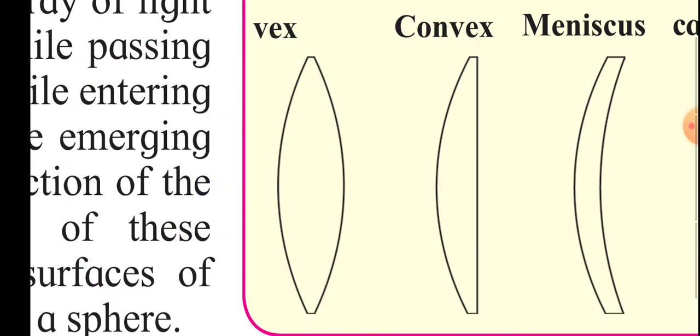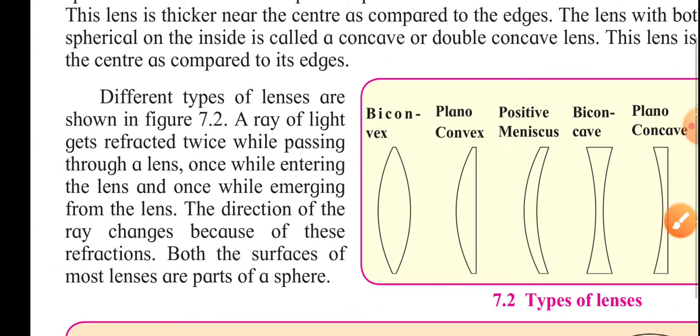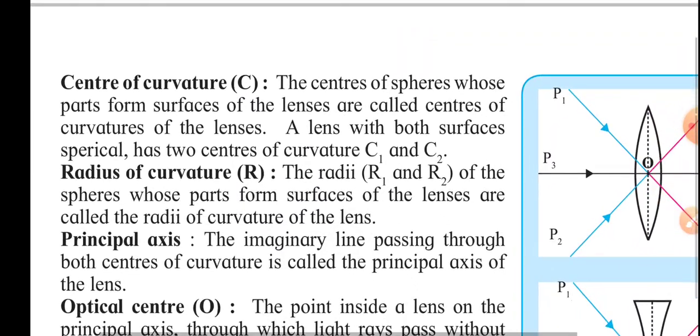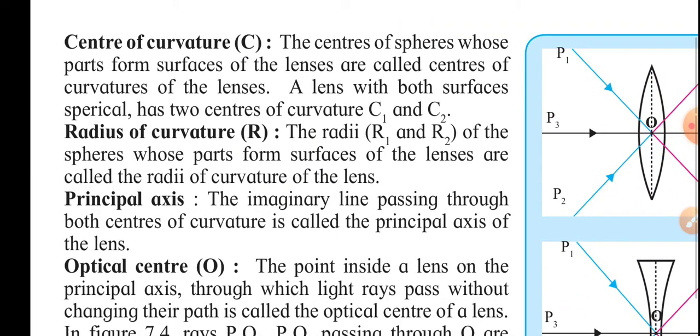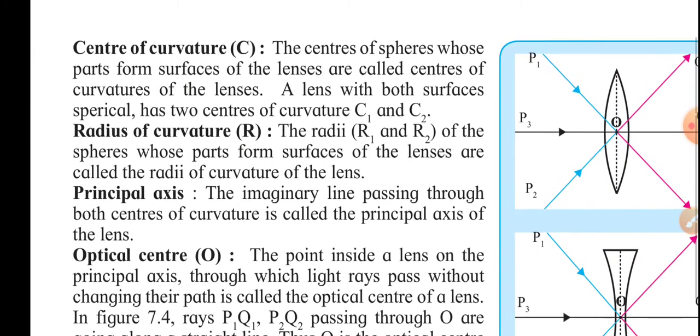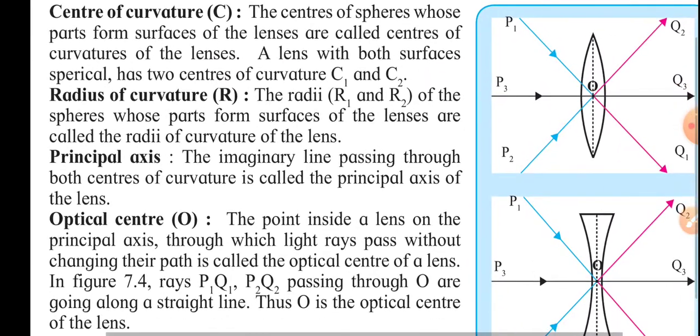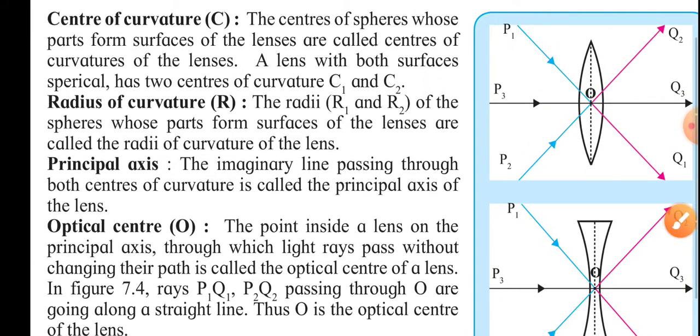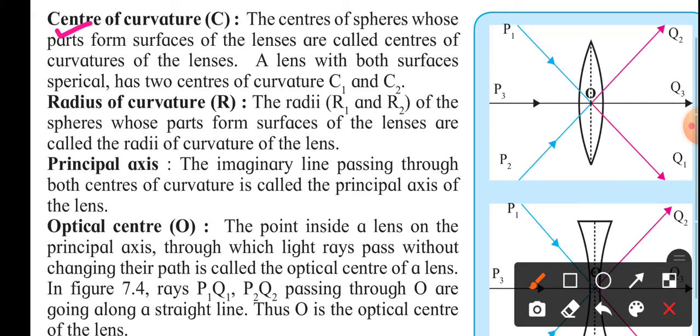Let's go ahead. Centers of curvature and radius of curvature are what we are discussing now, so let's see the definitions. Center of curvature: the center of a sphere whose parts form the surfaces of the lens is called the center of curvature of the lens.